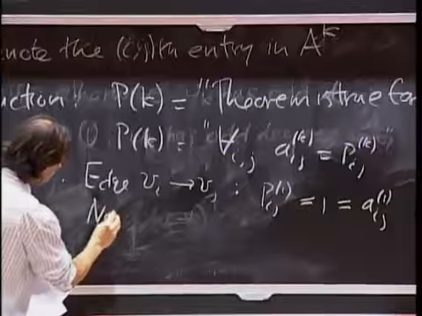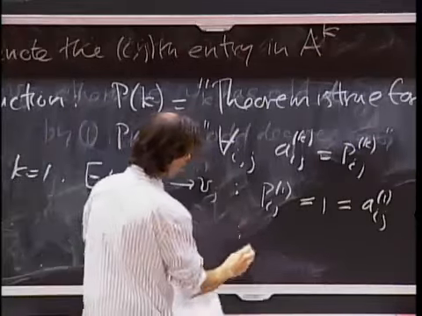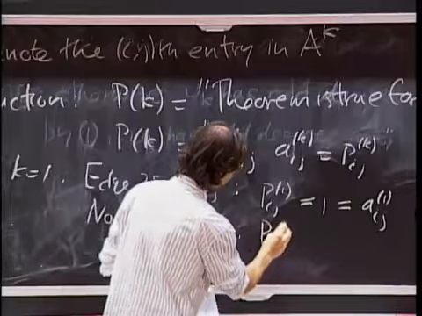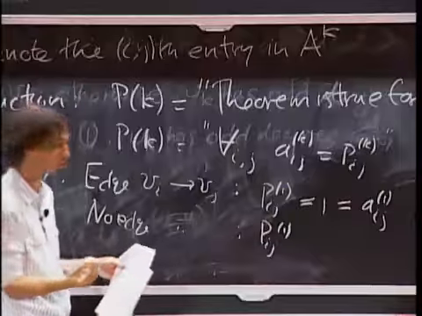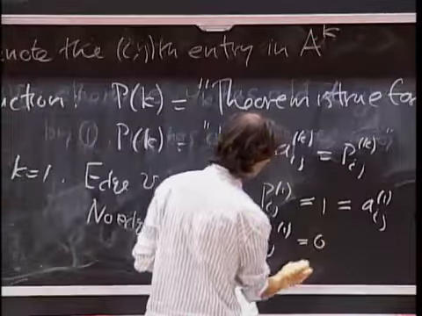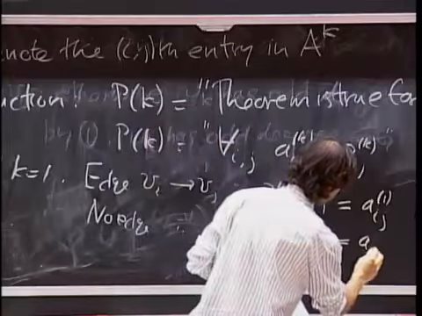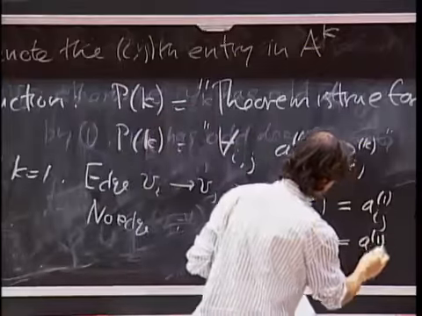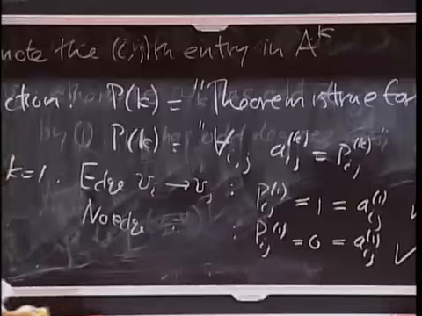Now, if there is no edge of this type, then we know that in one step we can never achieve Vj from Vi, because there's no edge. So this is equal to 0. There's no such walk. And this is, by definition of the adjacency matrix, also equal to Aij. So this works. The base case is easy.